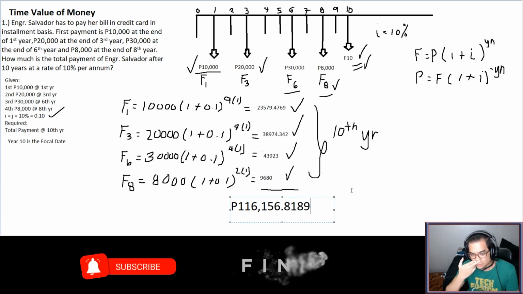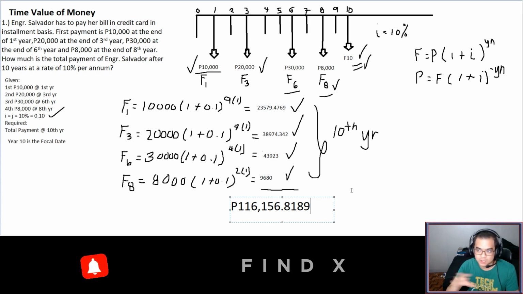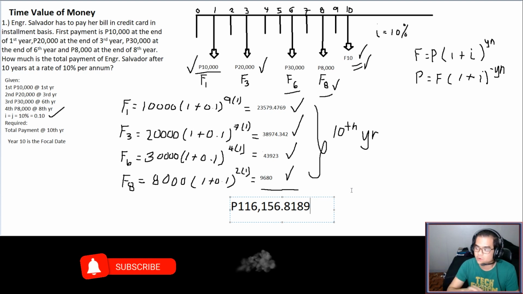So you can do that. So another one here is you can make any date, any year your focal date. It doesn't have to be F10. Okay. So how about, let's try year 6. Okay, let's try year 6.